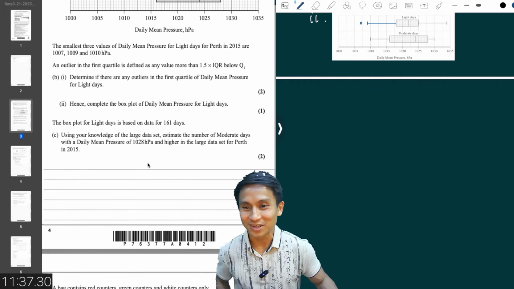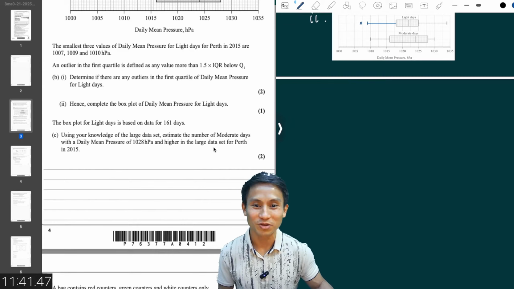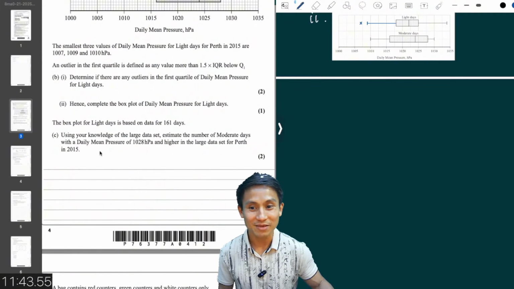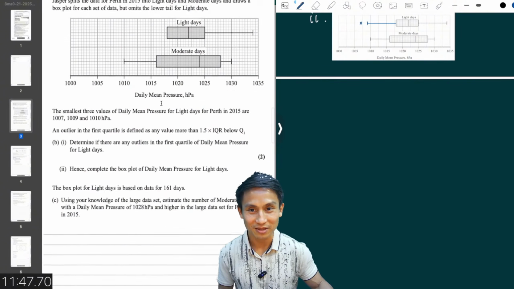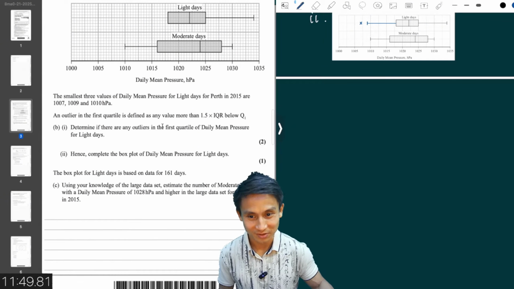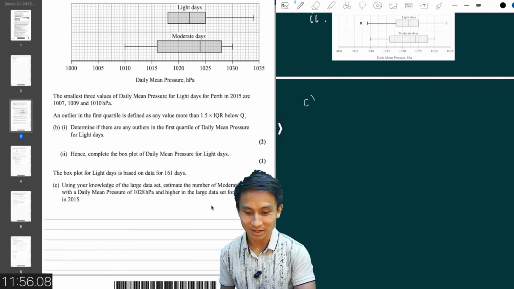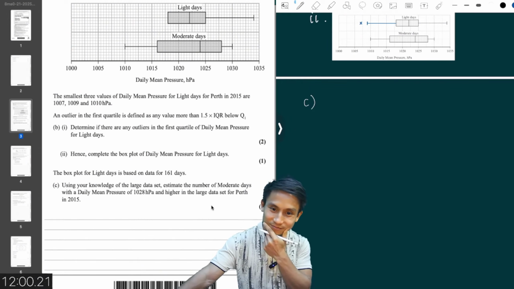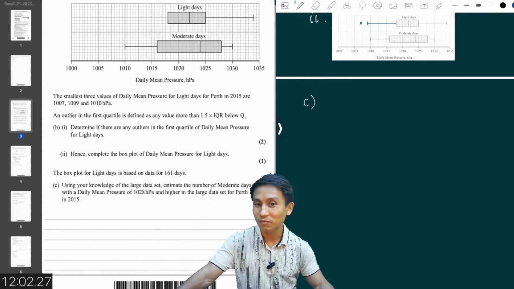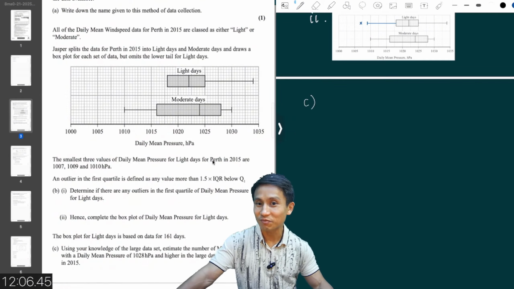C, using your knowledge of the large data set, estimate the number of moderate days with the daily mean pressure of 1028 hectopascals and higher in the large data set for Perth in 2015. Interesting. Let me just read the question again in my mind. The number of moderate days. So light days means light pressure, right?